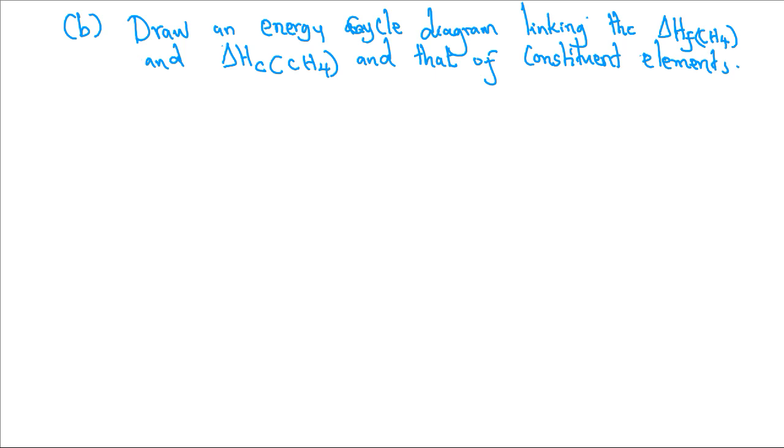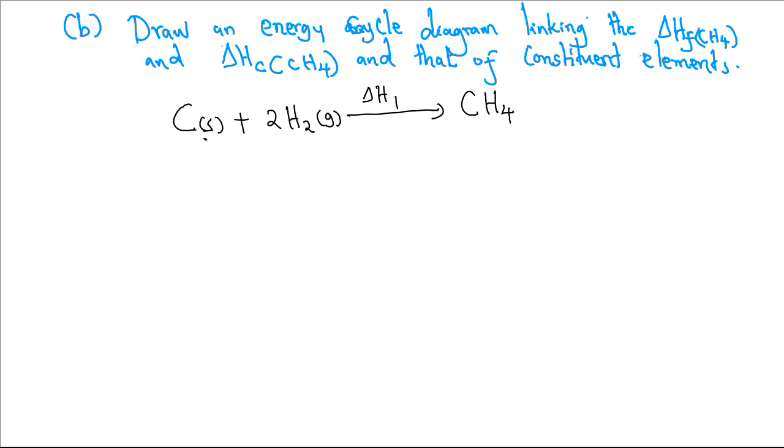So that gives carbon plus hydrogen gas leading to formation of methane. That is delta H1. Carbon undergoing combustion to form carbon dioxide.